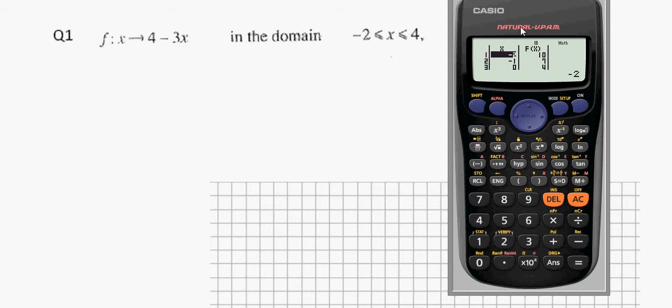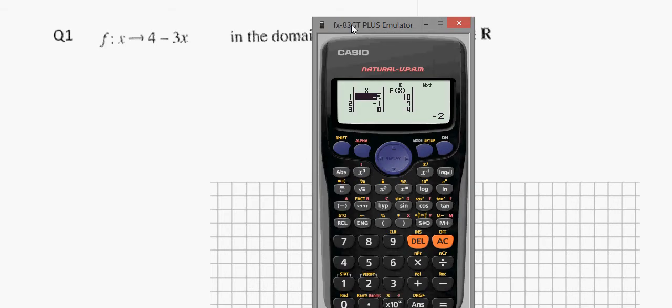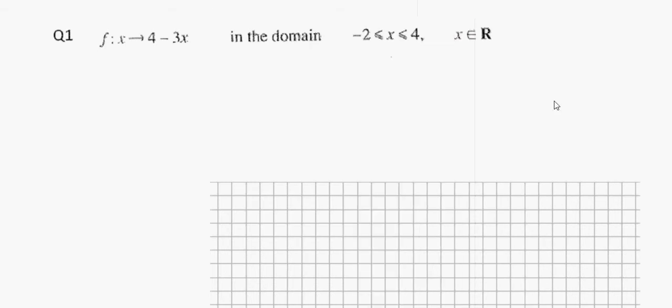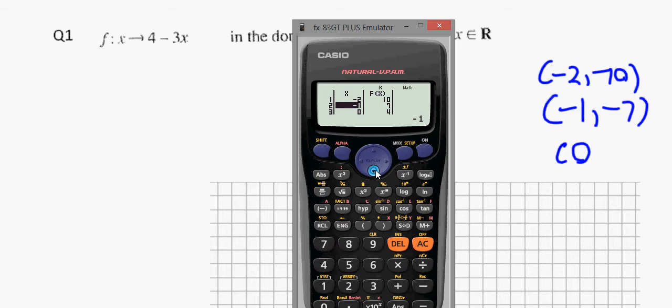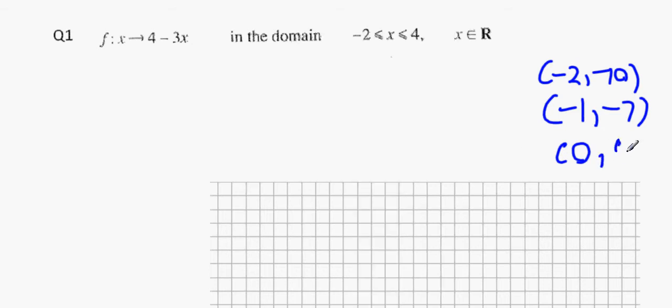Now here are all my points. So what I need to do is take these points down. It's going to be minus 2, 10. That's the first one. Minus 1, 7. 0, 4. 1, 1.